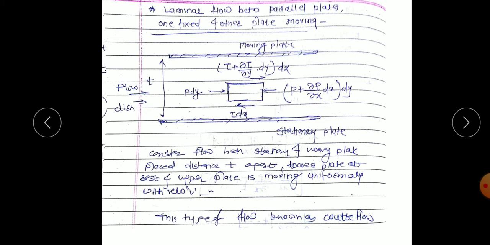Again the width of the plate is taken as 1. The only difference is the moving plate, with the upper plate moving with velocity V in the direction of the flow. This type of flow is known as Couette flow.